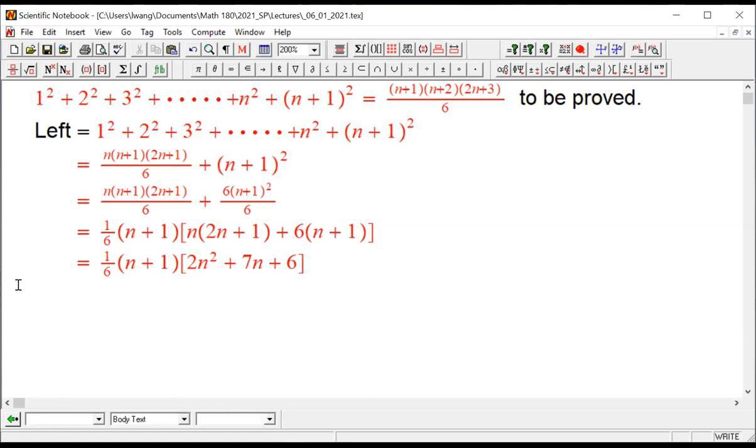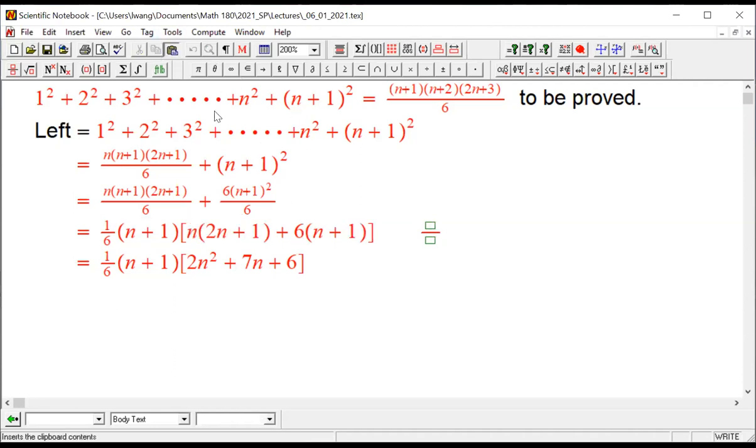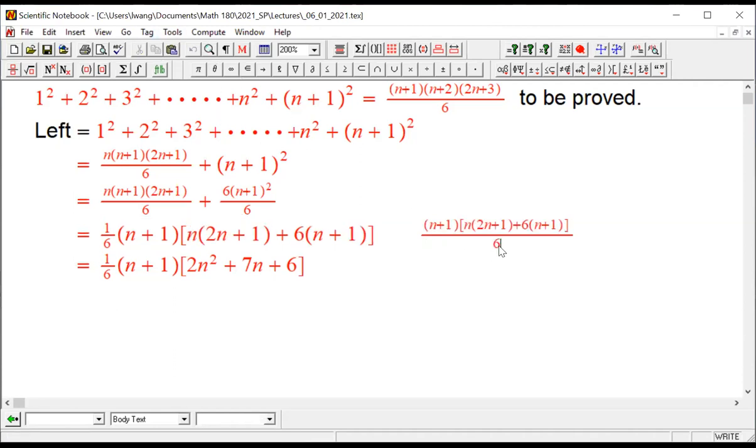I would also ask you guys to try to write it the way I do, to make it better organized. Otherwise you have lots of stuff, right? For example, if you write it this way with a little 6 in the bottom, that's okay, but it's like somebody has a big head and a small body.